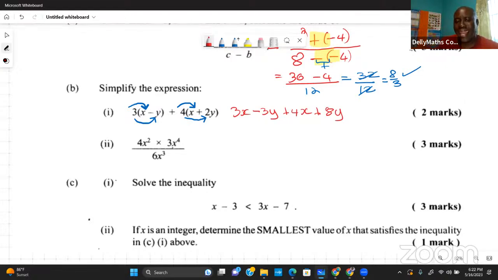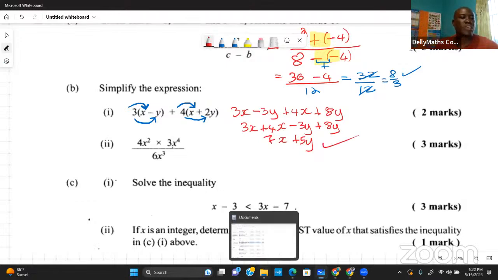You want to group your like terms. It's 3x plus 4x. There is a negative 3y plus 8y. So this becomes 7x. And then the negative 3, the positive 8 will give me a positive 5y. So right there, we're seeing 7x plus 5y.